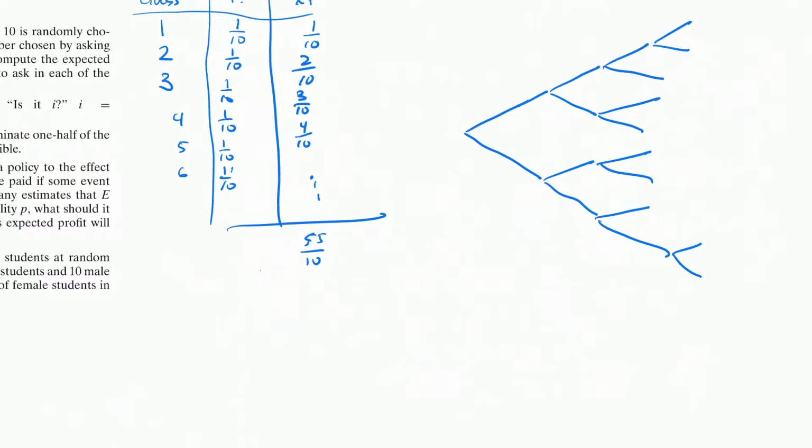Then if it's not greater than 5, I would say, is the number greater than 3? If yes, then I'm down here on the 4 or 5, and I just have one more guess, and I'll get it. If it's not greater than 3, then I have to distinguish between 3 different numbers. So you can sort things out in a way that lets you figure out what your guesses need to be.